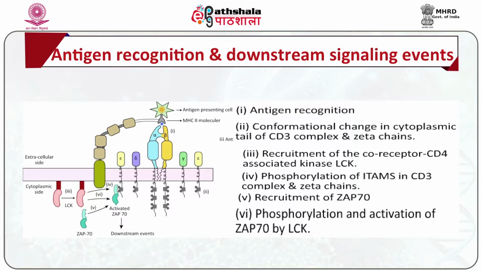of the TCR complex. The 2 phosphorylated tyrosine sites on each ITAM serve as docking sites for signaling proteins with 2 SH2 domains, such as the protein tyrosine kinase phosphoprotein ZAP70, also known as zeta associated protein of 70 kDa.